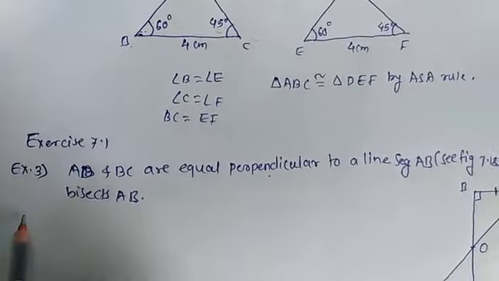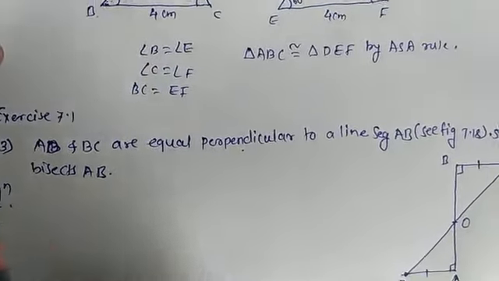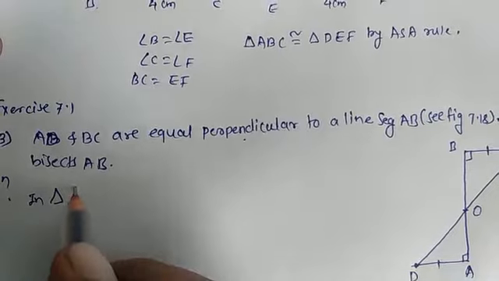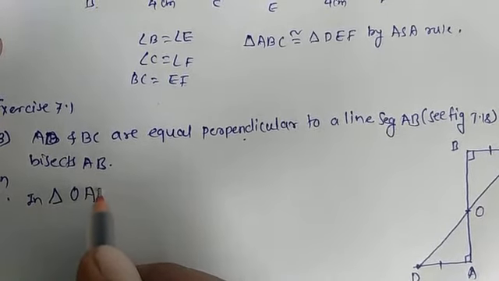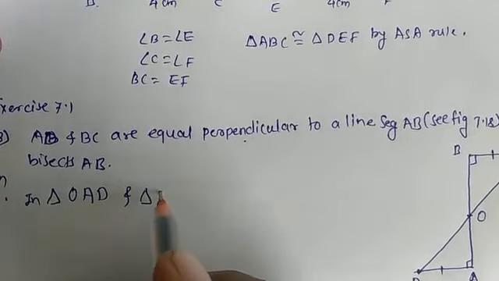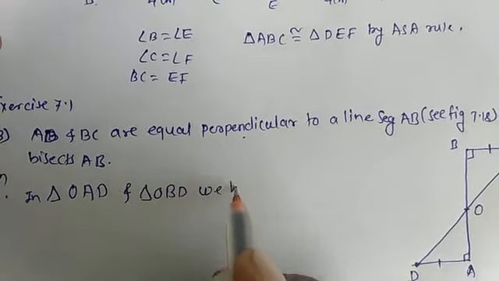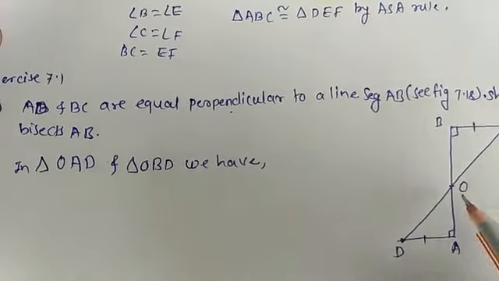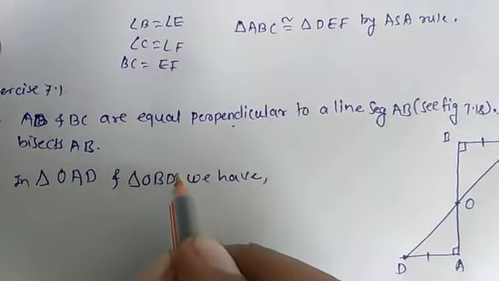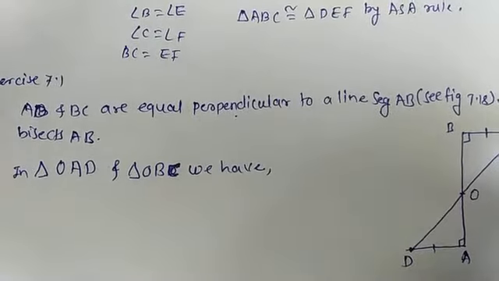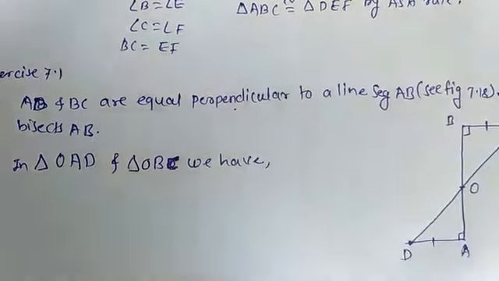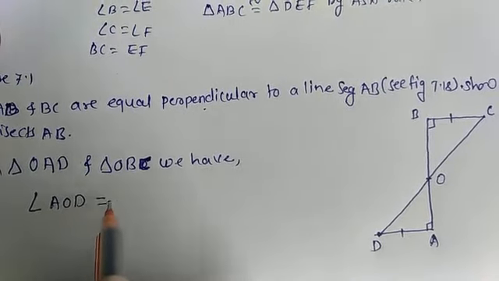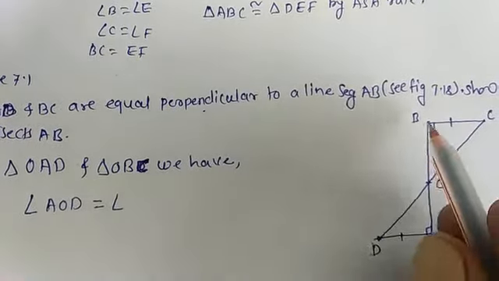In the solution we consider triangle OAD and triangle OBC. In these two triangles, angle AOD is equal to angle BOC.